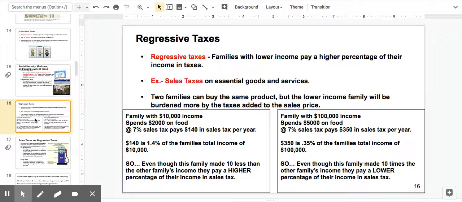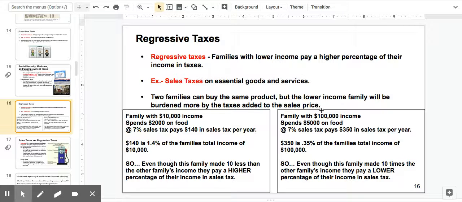So if you look here, I'll use my cursor. A family with a $10,000 income may only spend $2,000 on food, but our 7% sales tax means that they pay $140 for the year in sales taxes. That $140 equates to 1.4% of the total income of their $10,000.